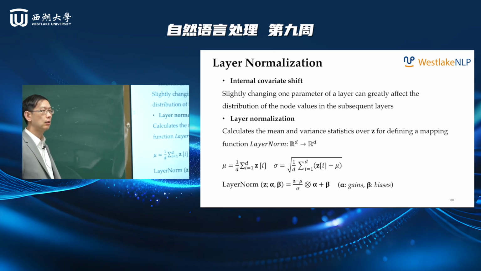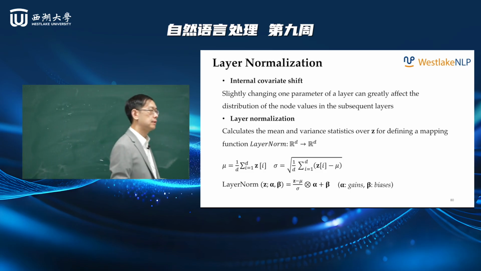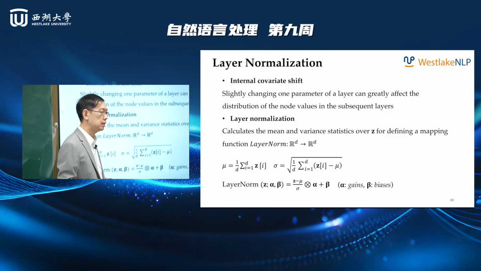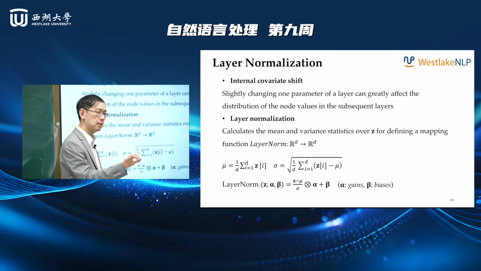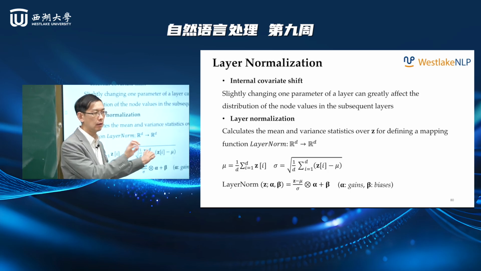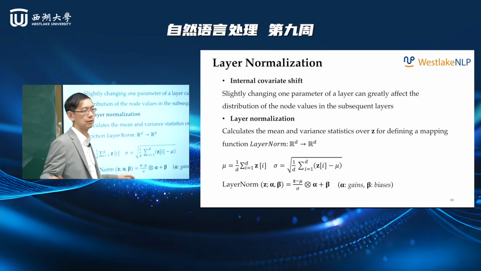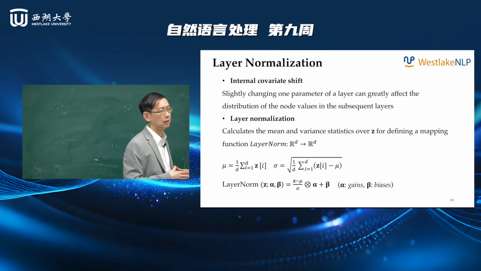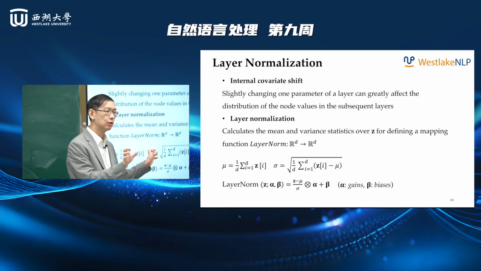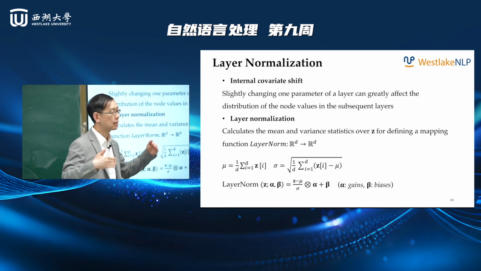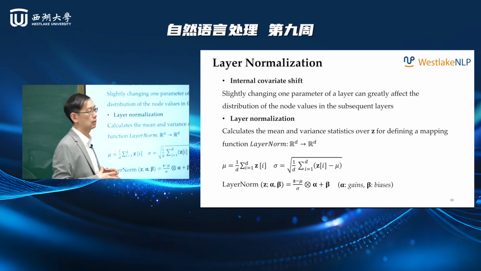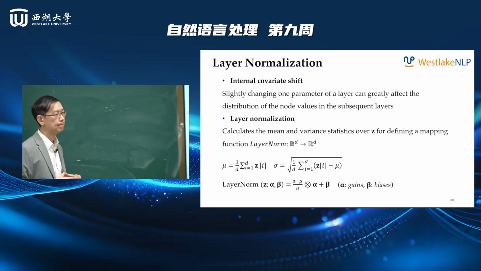In other words, layer normalization is a technique that stabilizes vectors over a sequence. So if we have a sentence, I have a sequence of vectors, and I stabilize the representations within the sequence. This is called layer normalization.